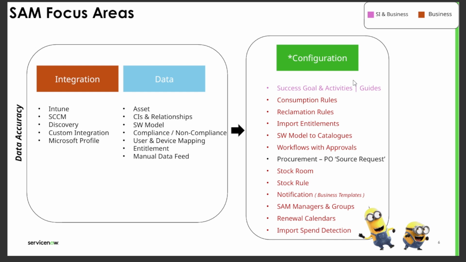So what this software model to catalog represents is procurement. What type of procurement? There are two types of procurement: one is proactive procurement and another is reactive procurement. When you talk about reactive procurement, software model to catalog is going to help.